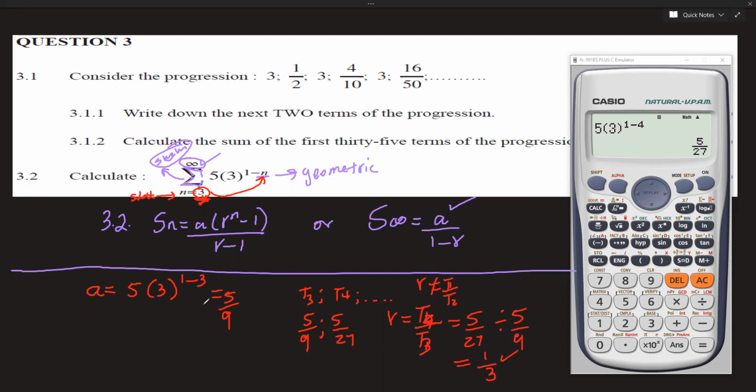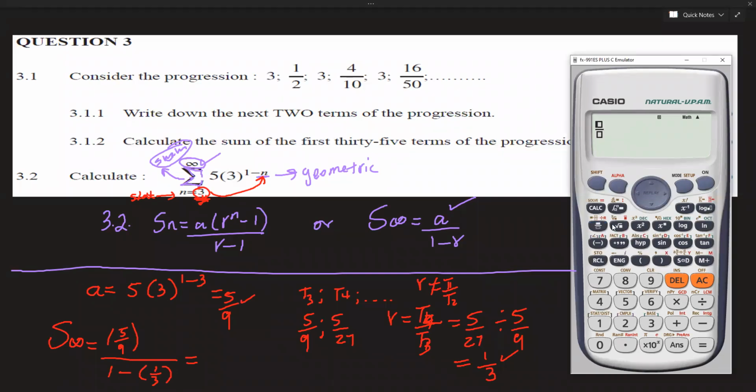Okay, so that's my R, that's my A. Now I can easily substitute into the sum to infinity formula. 5 over 9, and then my 1, and then I'm minusing my R, which is 1 over 3, right? Now let's see what the answer is going to be.